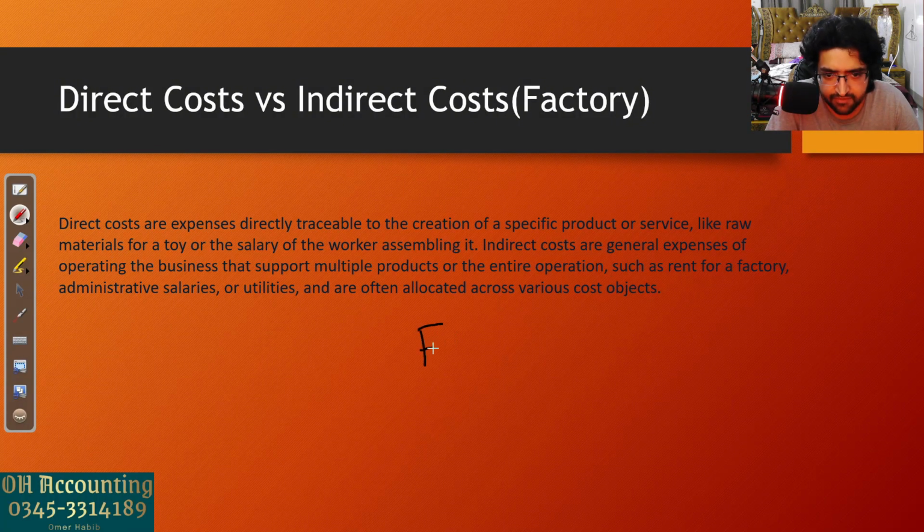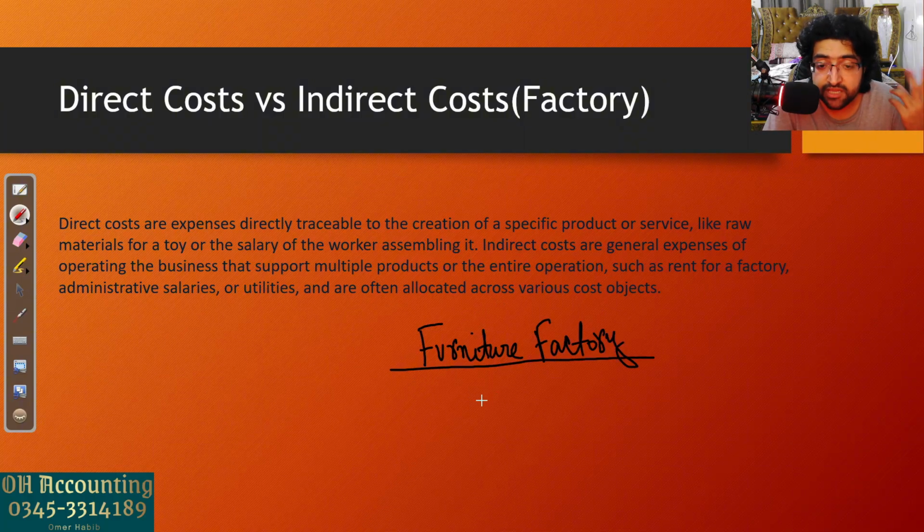ठीक है? Let's take an example. Let's say we have a furniture factory. We are manufacturing furniture here. We are making tables, we are making chairs, and we are also making a lot of other things. We are making lockers, we are making cupboards and all that. ठीक है? So let's take table as an example. ठीक है?